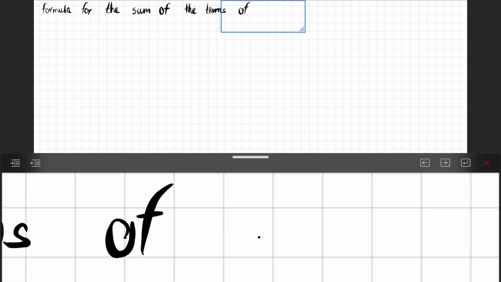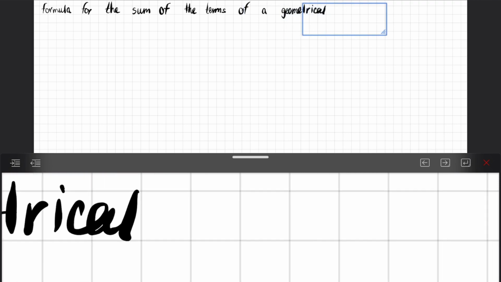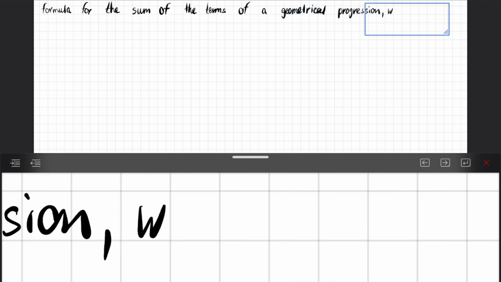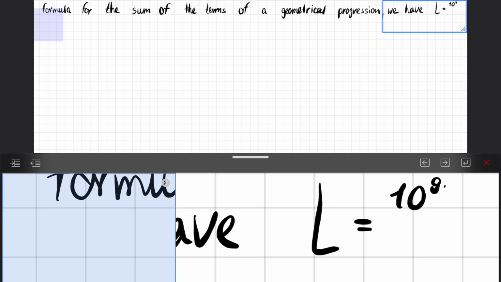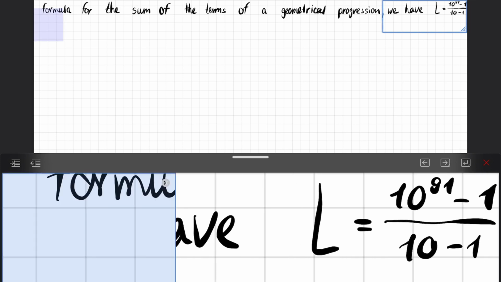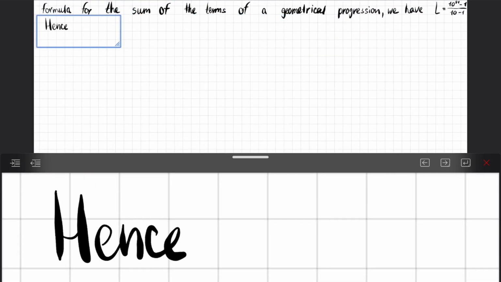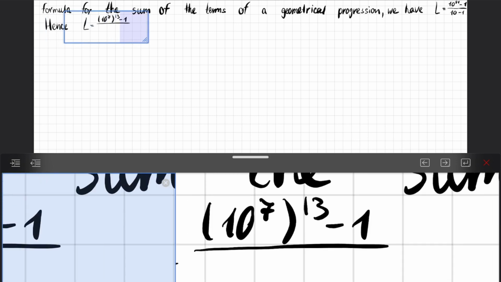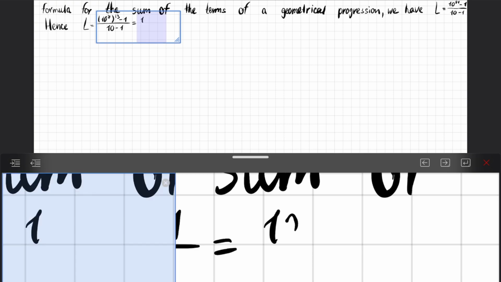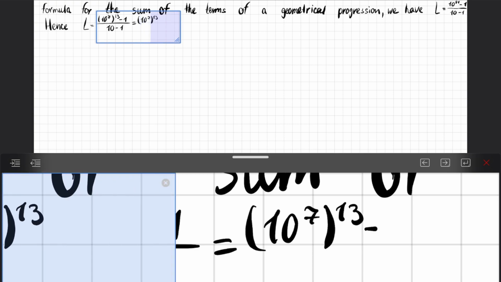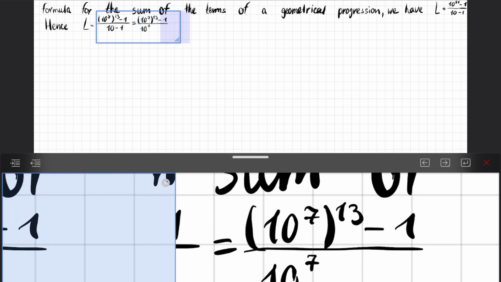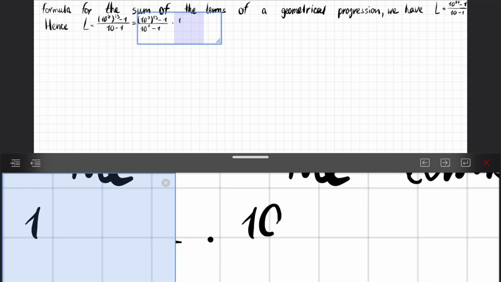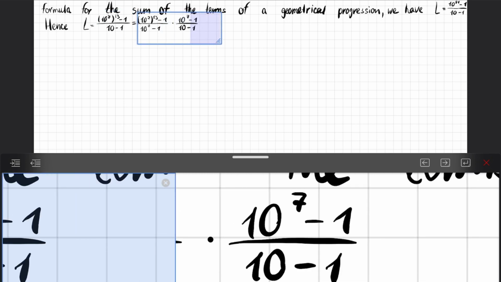Hence, L equal 10 to the power of 7 to the power of 13 minus 1 divided by 10 minus 1, that equal 10 to the power of 7 to the power of 13 minus 1 divided by 10 to the power of 7 minus 1 times 10 to the power of 7 minus 1 divided by 10 minus 1.